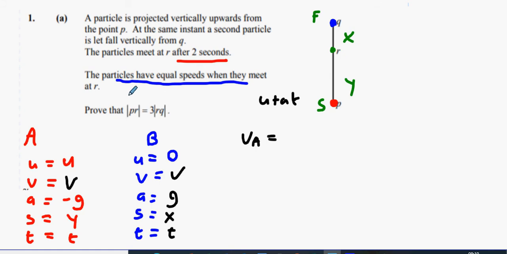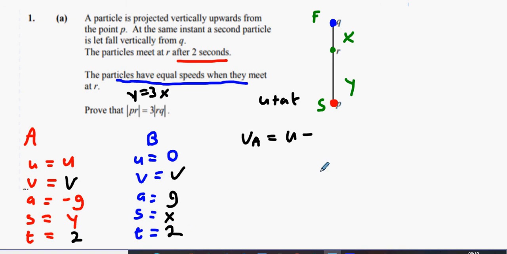Now, I also want to prove that Y equals 3x. The goal of my question is Y equals 3x, because I said Y is P to R and X is Q to R. I'm going to keep it in terms of G. Oh, and they meet after 2 seconds. There was my other piece of information that I didn't put in yet. I haven't put in that they're both 2 seconds.